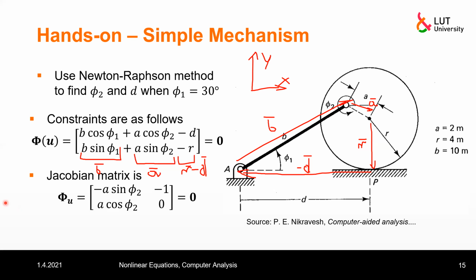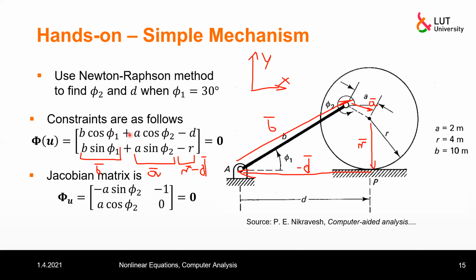To solve it with Newton-Raphson, we then calculate the Jacobian matrix. We know that our first variable is phi2. So we differentiate that equation with respect to phi2, and only this term applies, because this is 0, this is 0.